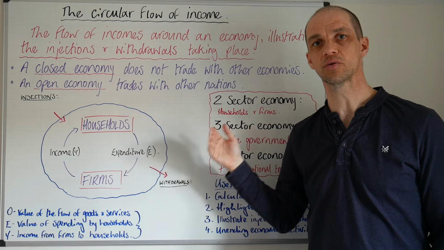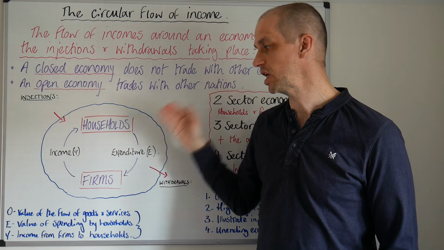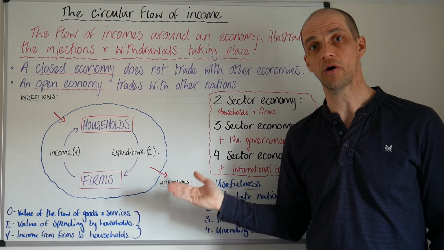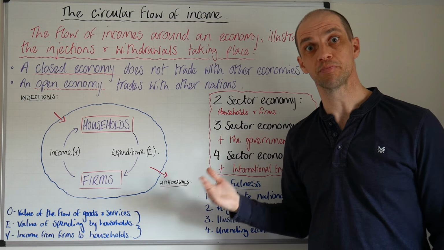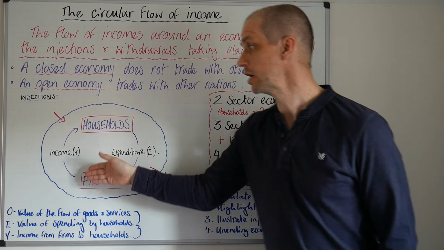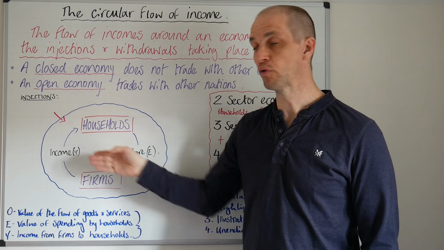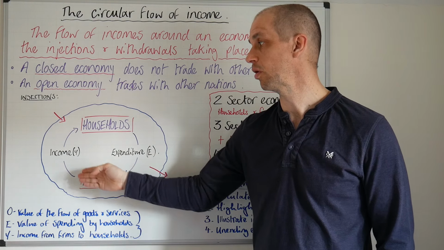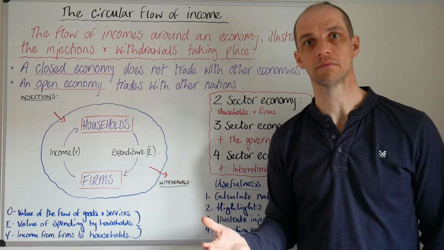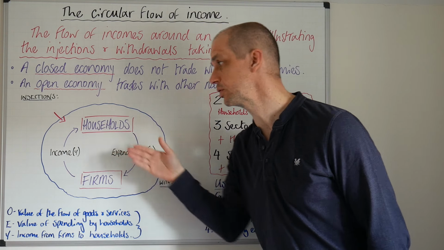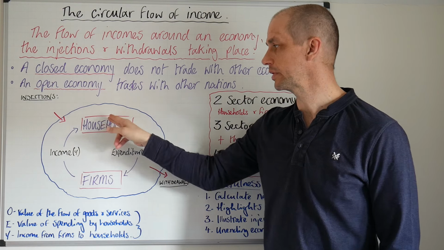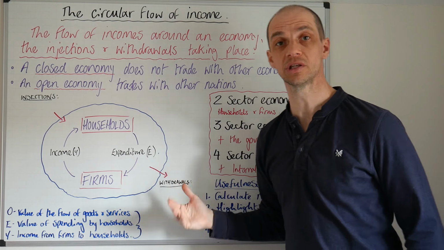These two categories are highly interdependent, particularly when you consider the fact that firms will of course need to hire labour to be able to produce an output to produce goods and services. So in return for that, of course, firms will need to offer labourers, households, income. Okay, nice and straightforward.